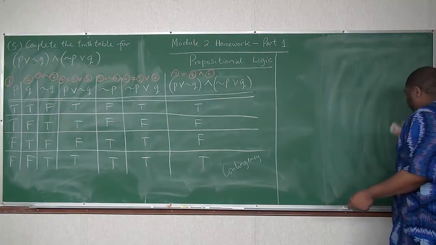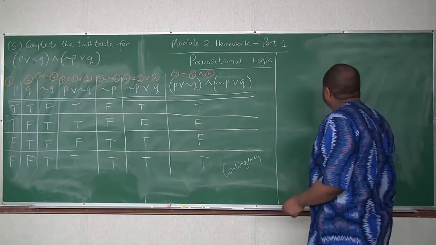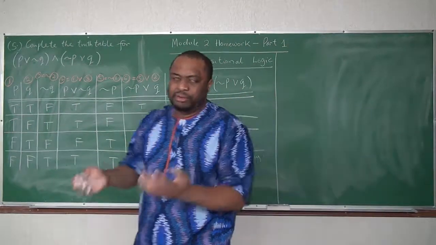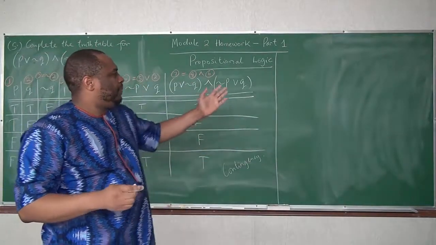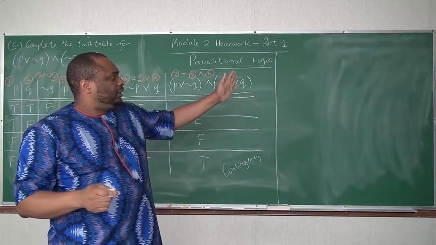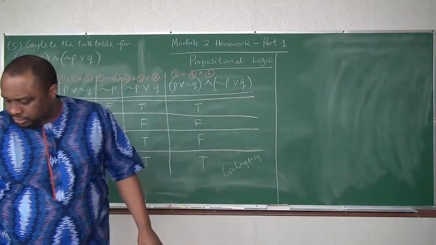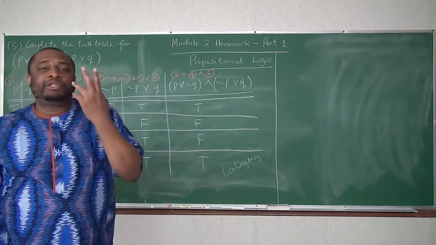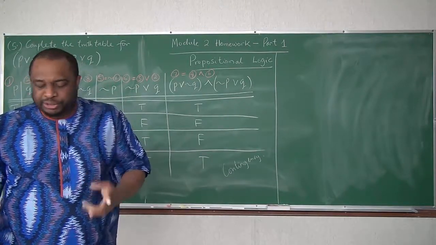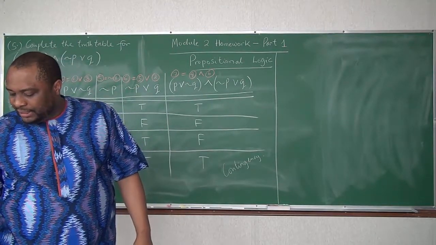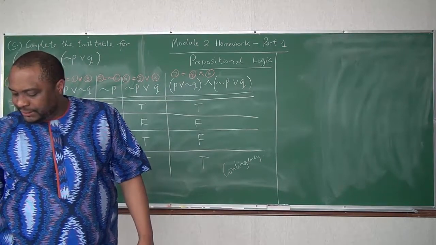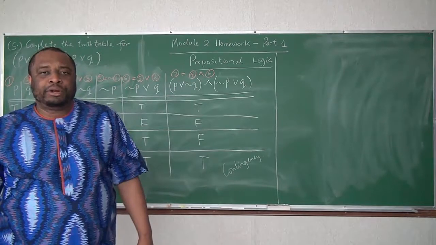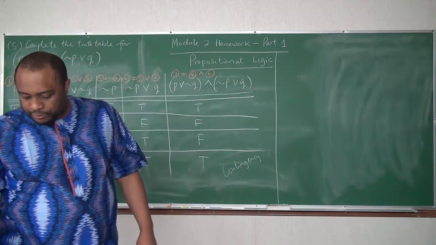Now with question 6, what I advise students is this. They gave you two logical propositions, and they said write each of the following statements in terms of P, Q, and logical connectives.